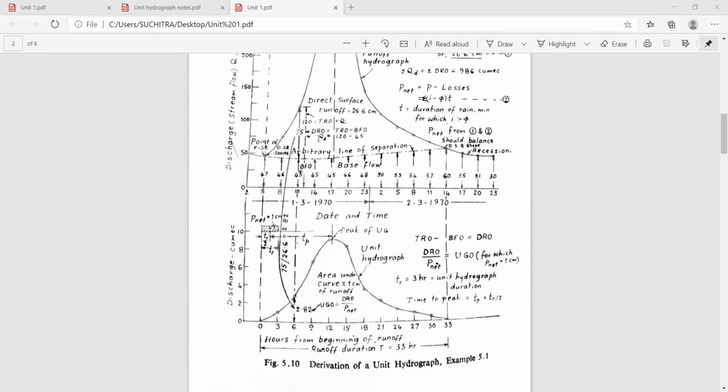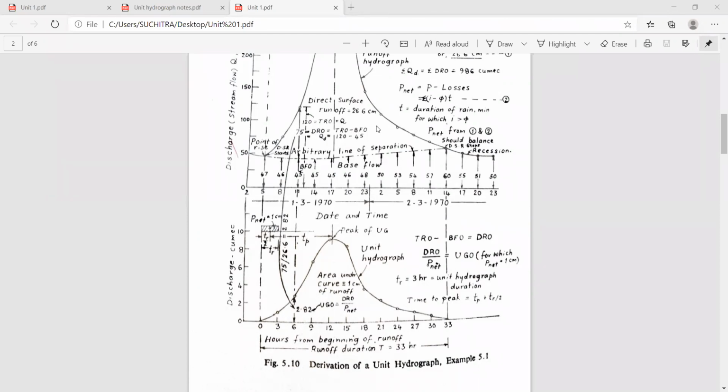What are the direct runoff ordinates? Here in this case, for example, the total runoff ordinate is about 120 cumecs, and the base flow ordinate is about 45. So 120 minus 45 will be the direct runoff ordinate. Next you have to find the sum of all the direct runoff ordinates, that is sigma Q, which is equal to 986 cumecs.